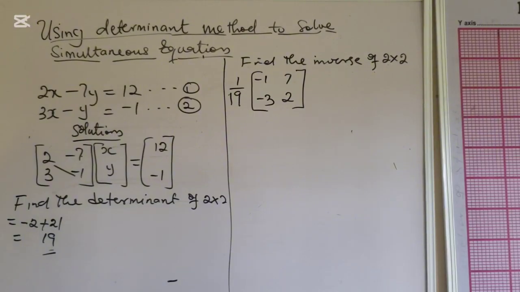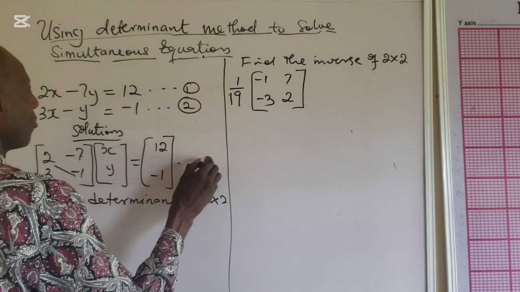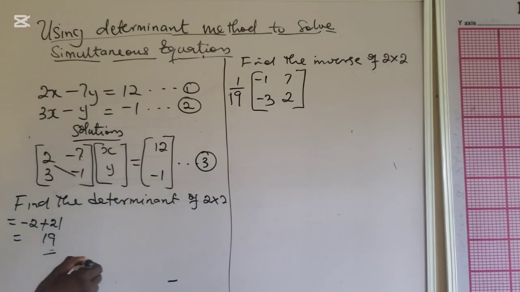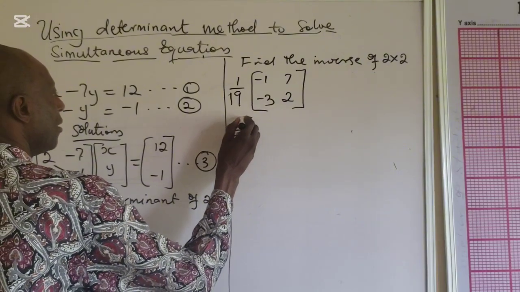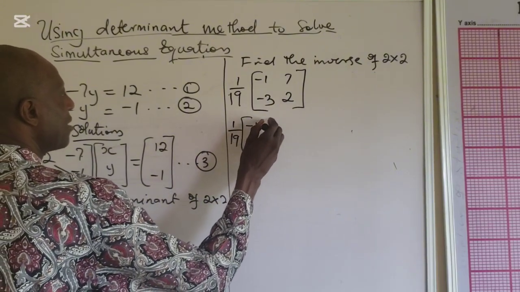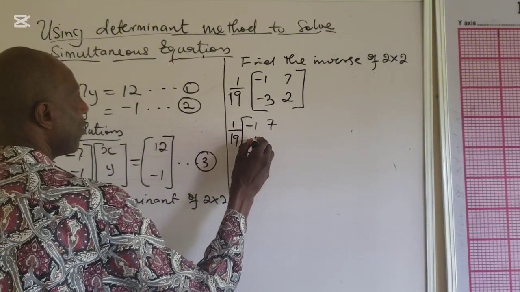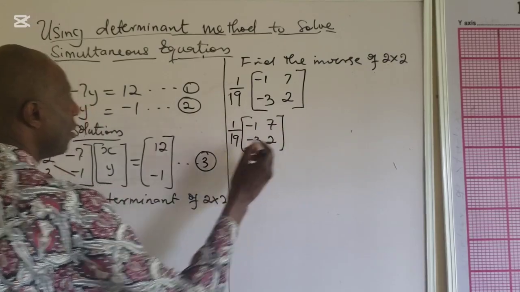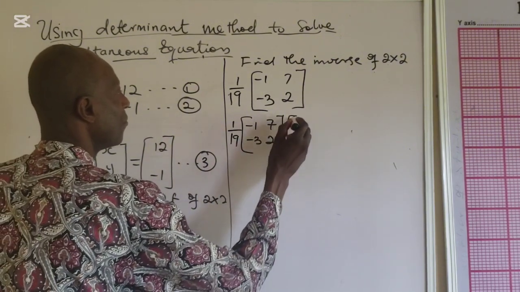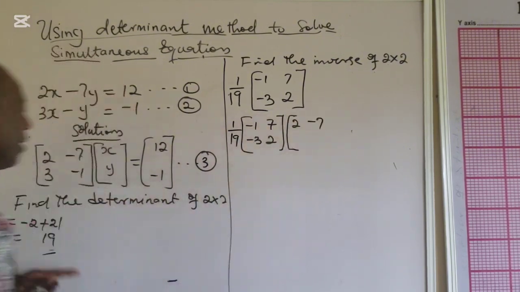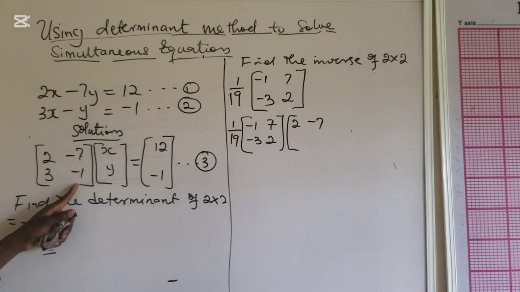So we are going to use the inverse to multiply equation 3. I will call this equation 3. Now, I'm going to say 1 over 19 into minus 1, 7, minus 3, 2 is multiplying 2, minus 7, then 3, minus 1.